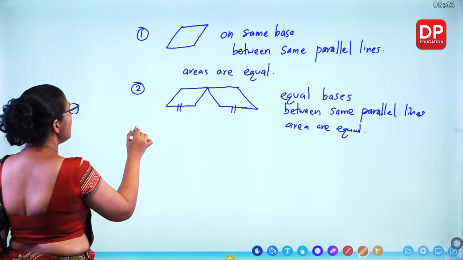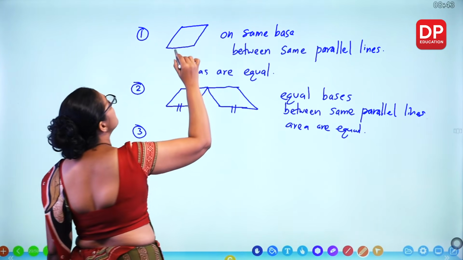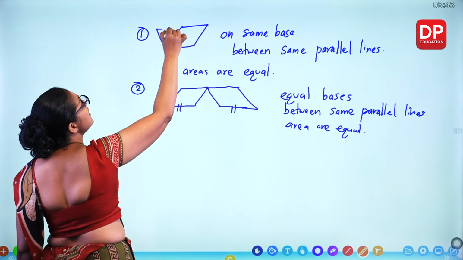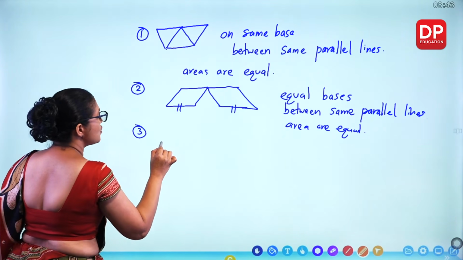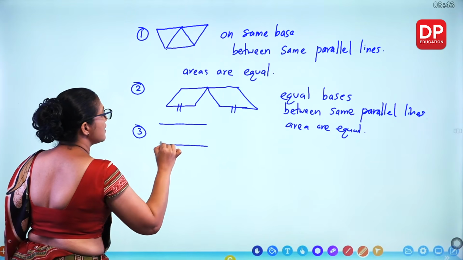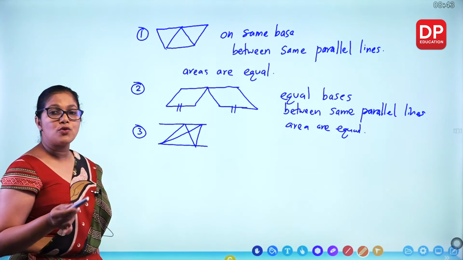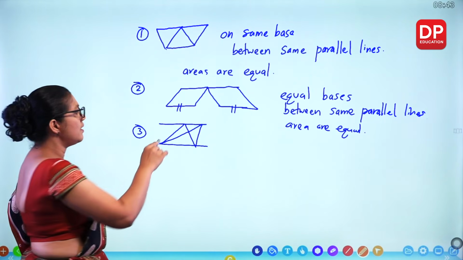And the third one, we discussed about a triangle. I'll go to the first one again. Here, I need to draw this diagram because same base. When you take triangles with the same base and between a pair of parallel lines, the areas are equal.